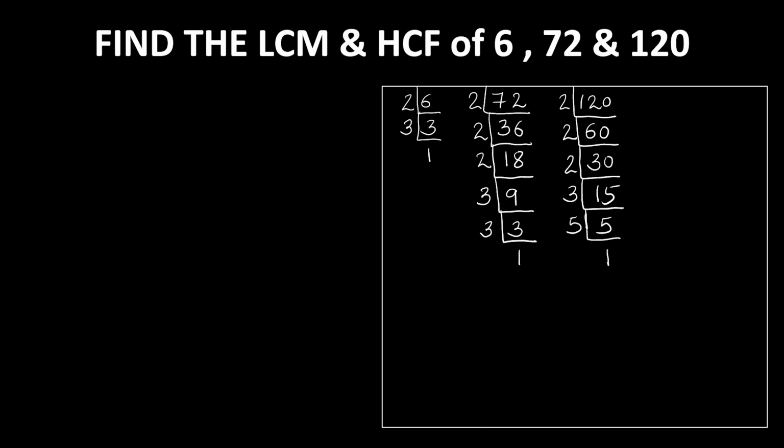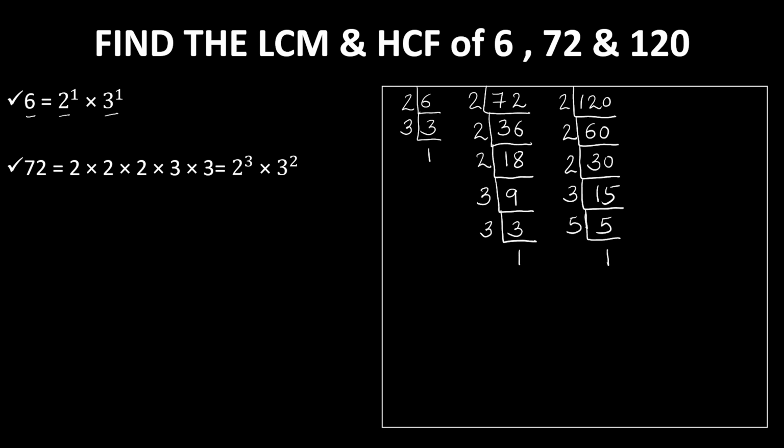Now let's write down these numbers as a product of their prime factors. First of all, we will be writing 6 as 2 raised to 1 into 3 raised to 1, 2 into 3. Then we are writing 72 as the product of its prime factors. 2 into 2 into 2 into 3 into 3, which can be written as 2 raised to 3 into 3 raised to 2.